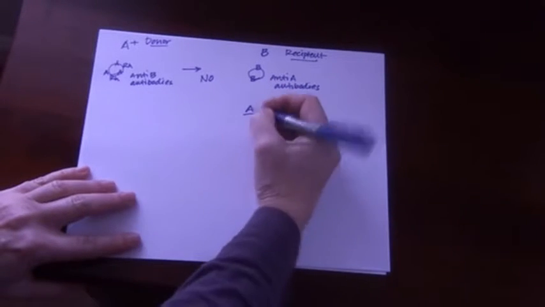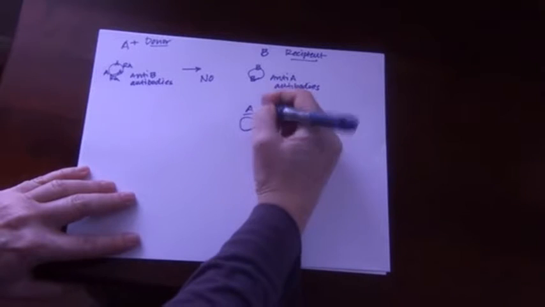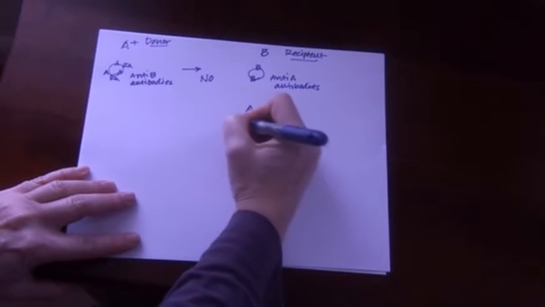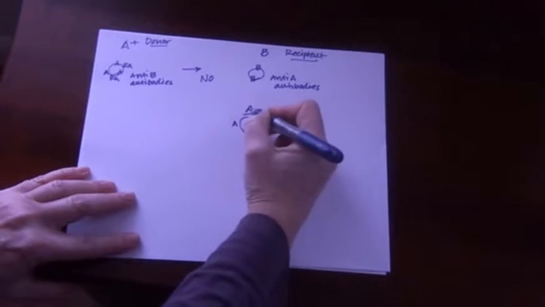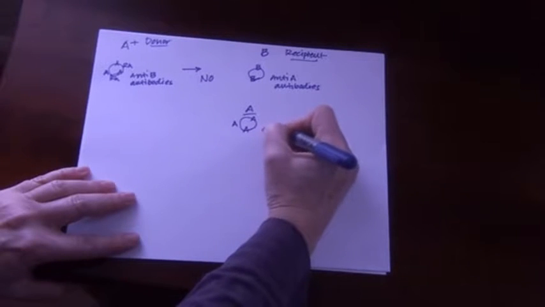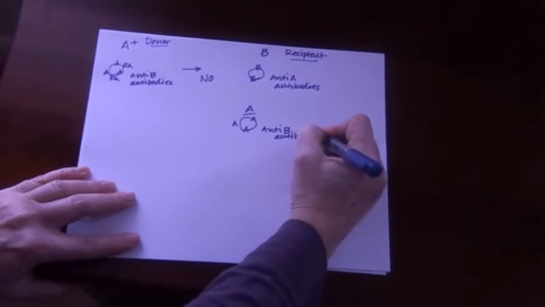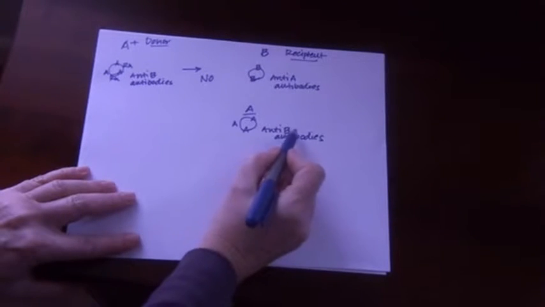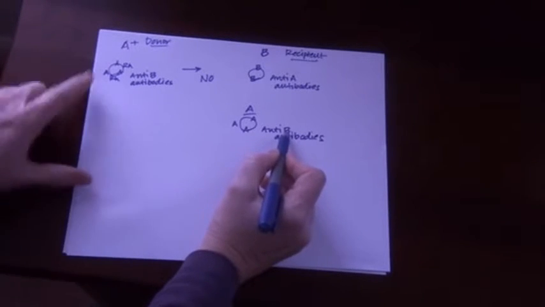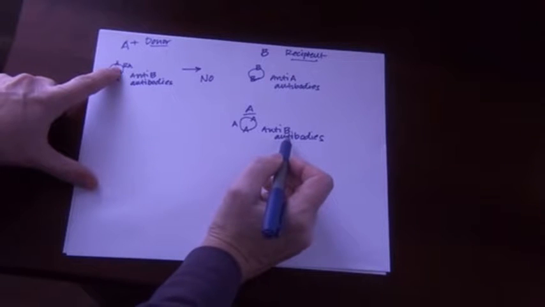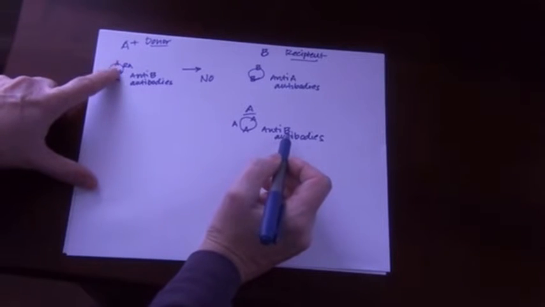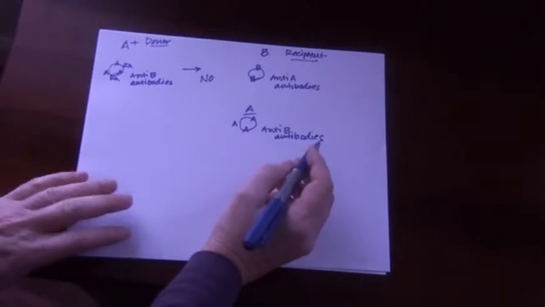Can type A blood donate to type A blood? Okay, so at this point we've got A antigen on our red blood cells. We've got anti-B antibodies present. So these anti-B antibodies are not going to react with the A antigen on our type A donor blood.